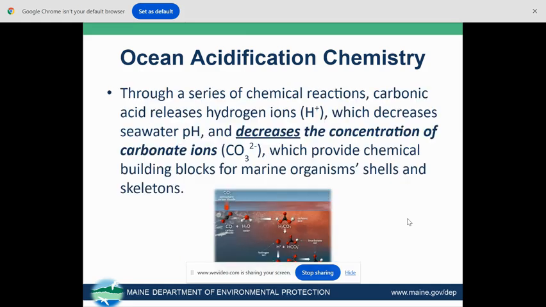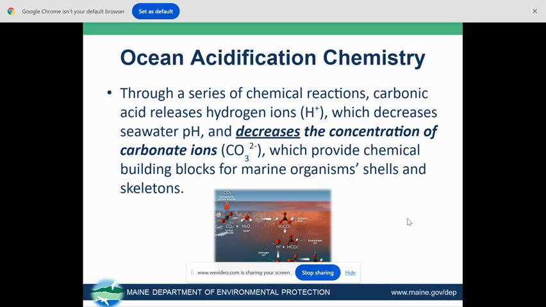Okay, so what it's also doing is decreasing the concentration of carbonate ions because they're interacting with the hydrogen ions, and those carbonate ions are the building blocks for many marine organisms' shells and skeletons.